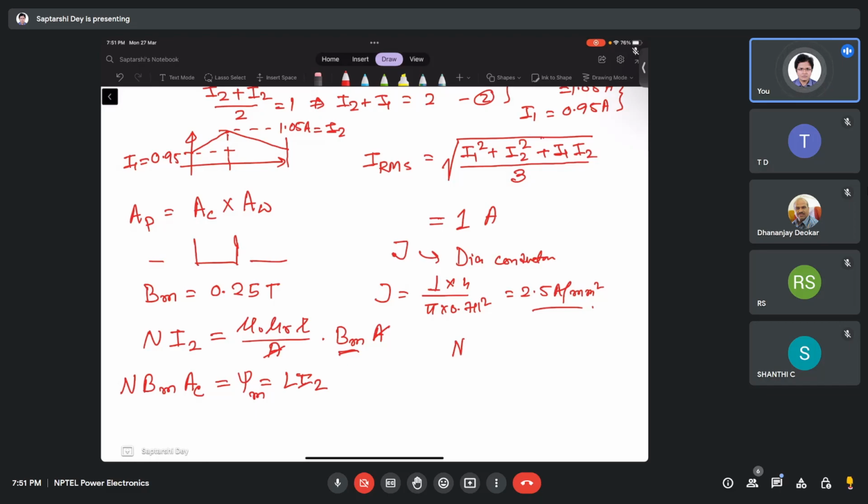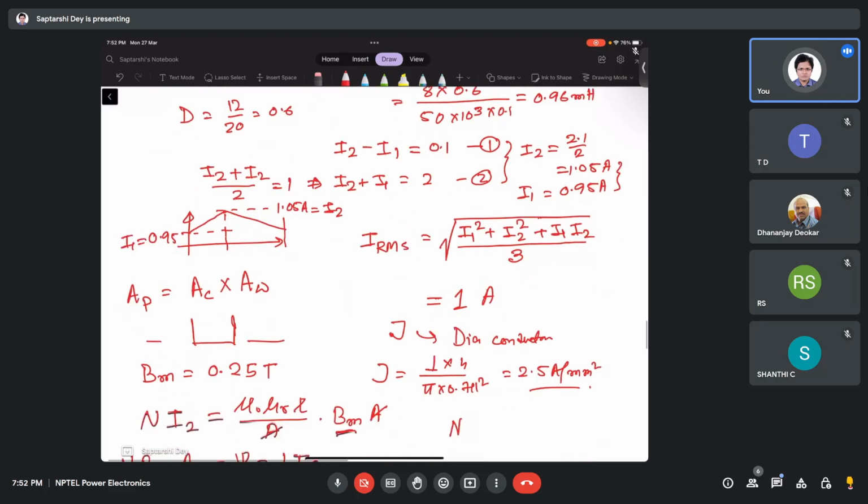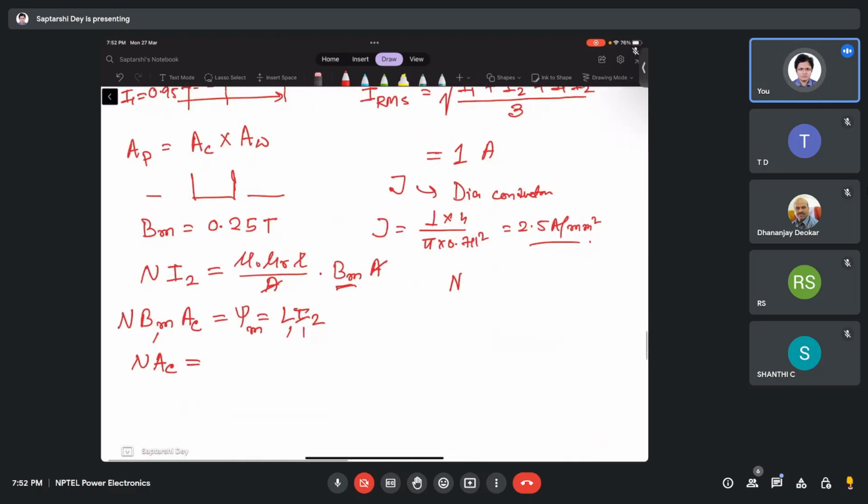Out of which we know this, n into AC we don't know. Let us write n into AC. How much is it? L is 1 millihenry. No, sorry, 0.96 millihenry, and I2 is 1.05.